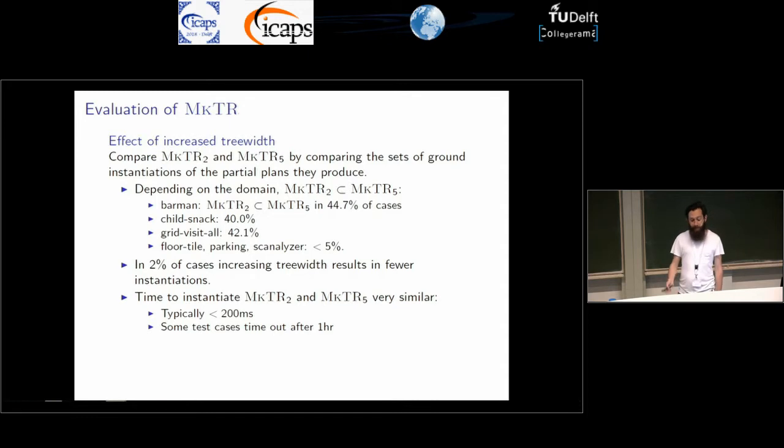Also interestingly enough, this extra flexibility that you get from a higher tree width comes at not that big a computational cost. In general, these final plans can be instantiated in about 200 milliseconds. That's just running on my laptop. And in a few cases, it just times out after about an hour. Those timeouts tended to happen more often with a tree width of 5 than a tree width of 2. So that's really the only difference.